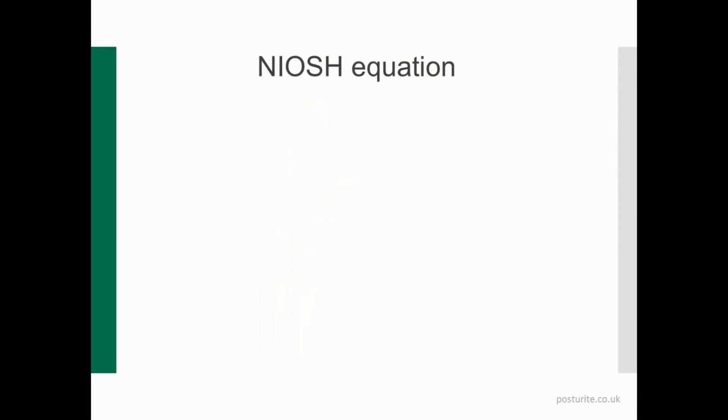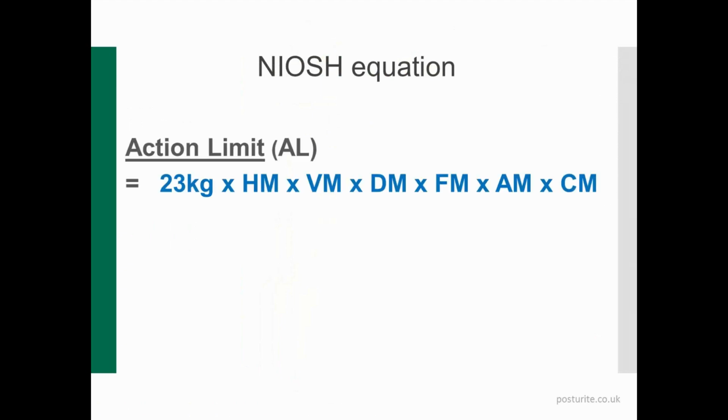There is another tool, which is not the HSE. It's produced by the National Institute of Occupational Safety and Health in the United States, and it is the NIOSH Equation. And this also may look a bit frightening for you if you're not particularly algebraically minded, but it provides us with an action limit.